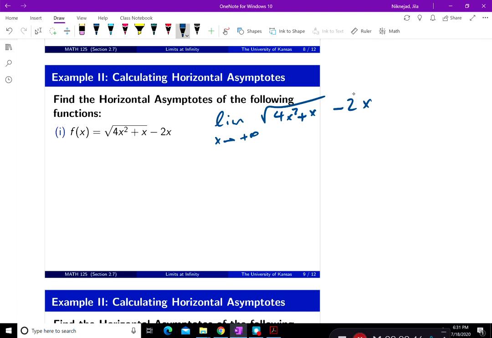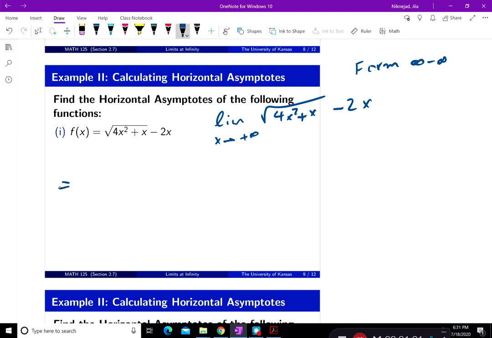Okay, in this case, you can see that if I plug in positive infinity, I get infinity minus infinity. So the form of this one is infinity minus infinity and requires some clarification or simplification, something to figure it out. These types of problems, as well as the example 1 problem, are very typical for Calculus 1, and so what you want to do is learn the technique to take care of this.